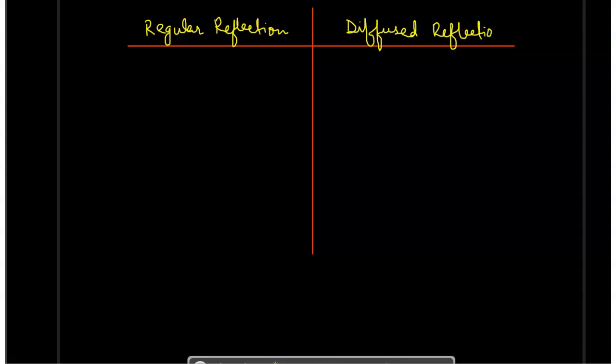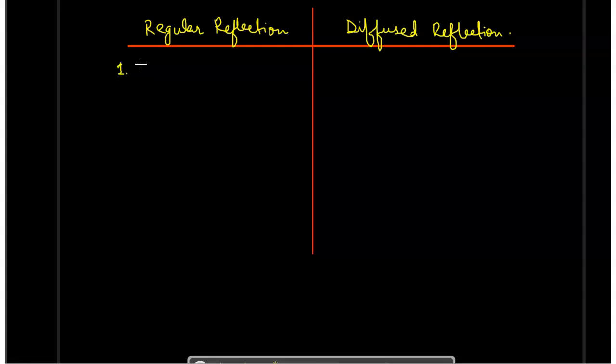So we'll have regular reflection in the first column and diffused reflection in the next column.